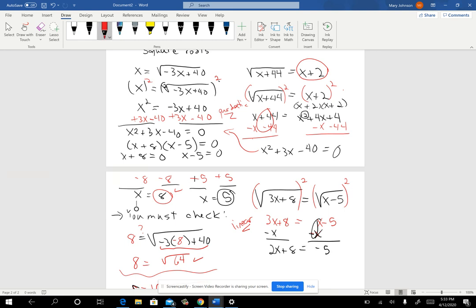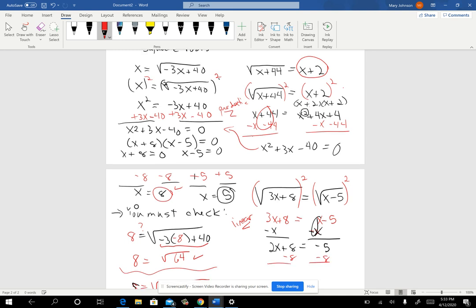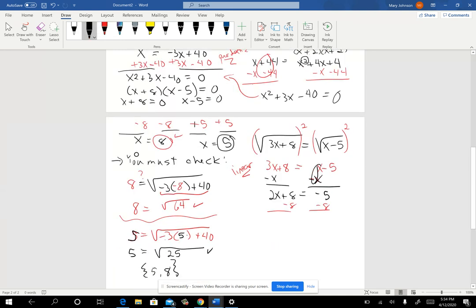Okay, and then you take away 8, and that winds up giving you 2x equals negative 13, and dividing by 2, we wind up with x equaling negative 13 over 2.